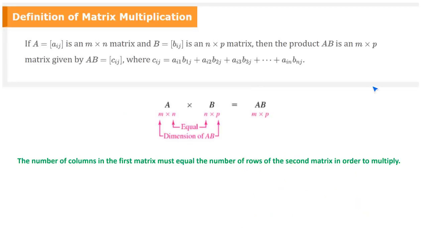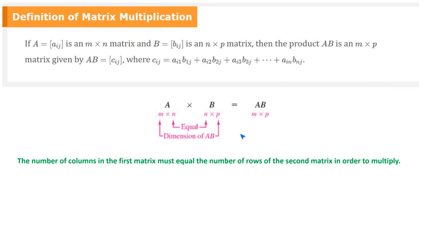Okay, so now when it comes to multiplication. Multiplication is a little bit different than addition and subtraction. For addition and subtraction, the order had to be the same. But for multiplication, if you have two matrices, here's matrix A, and the order is m by n. And then matrix B, the order is n by p.